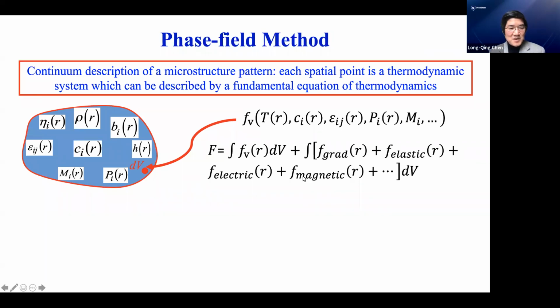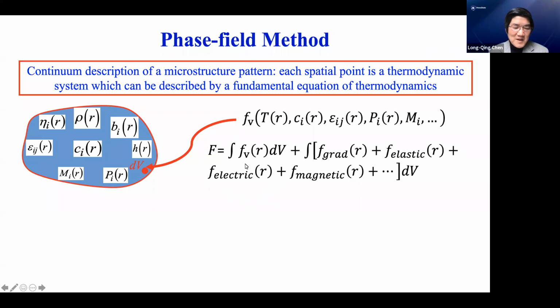And also in a crystal or in a ceramic, when you have a heterogeneous microstructure, very often you have long-range elastic interactions, because different regions of the material have different stress-free lattice parameters. In order to accommodate each other, they will have long-range elastic interactions.